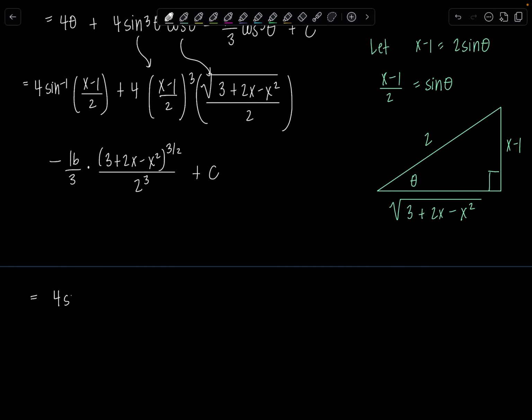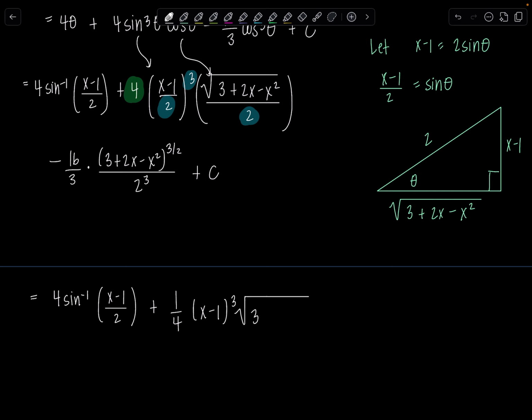Copy over 4 sine inverse x minus 1 over 2. Now let's see what we can cancel out here. So this is going to give me an 8. 8 times 2, 16. That'll cancel with my 4 to just give me a 1/4. Let me just put it out front like this. And then we have x minus 1 cubed and a single square root 3 plus 2x minus x squared minus, now what's going on here?